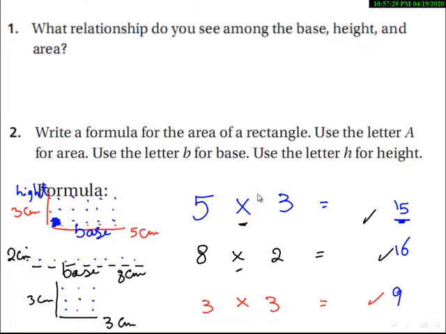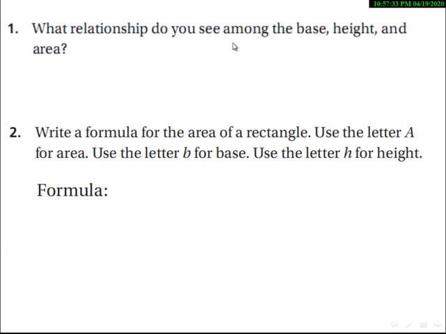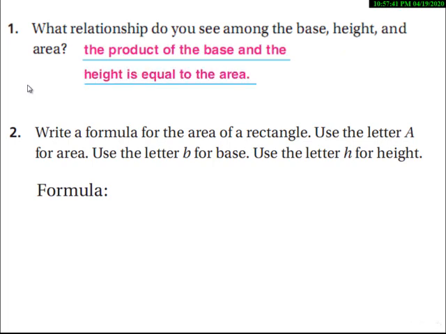Alright, let's complete. What relationship do you see among the base, height, and area? The relationship is that the product of the base and the height is equal to the area. Now, I want you to write a new formula for the area of a rectangle.